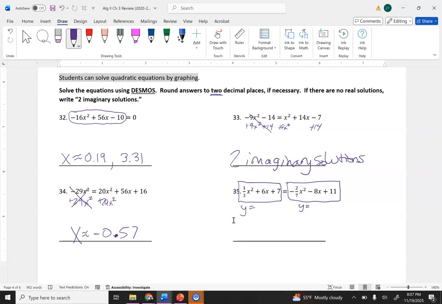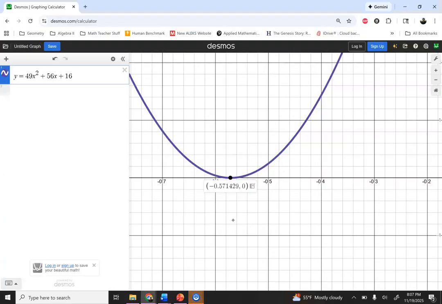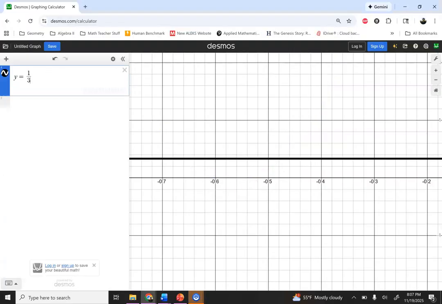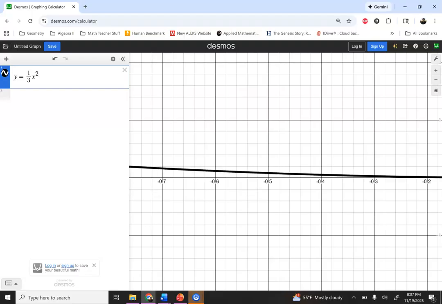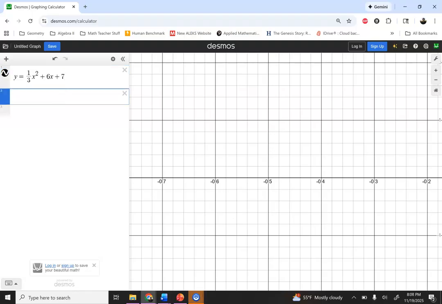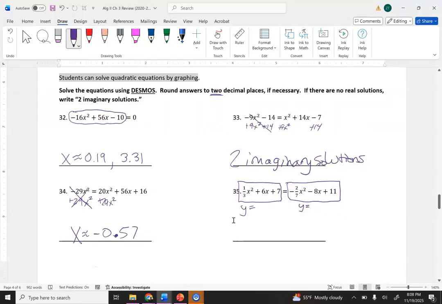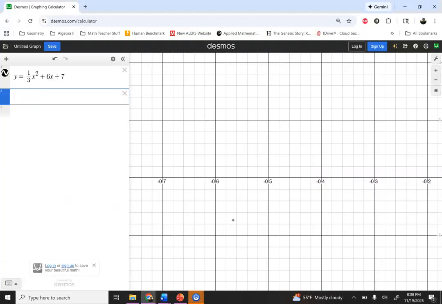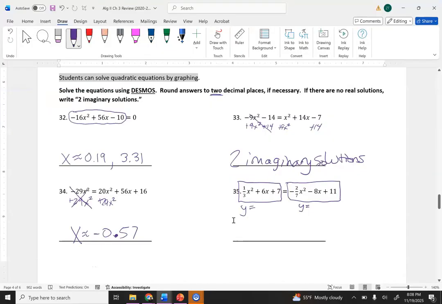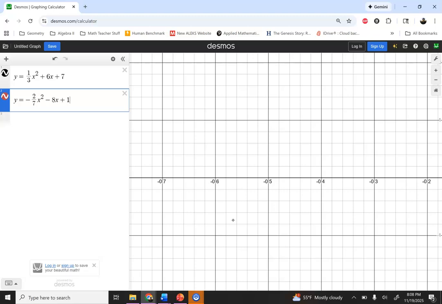So y equals 1/3 x squared plus 6x plus 7. And then y equals negative 2/7 x squared minus 8x plus 11.